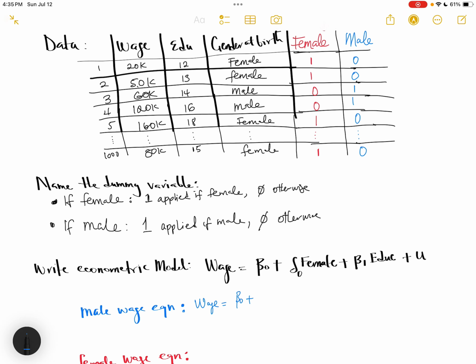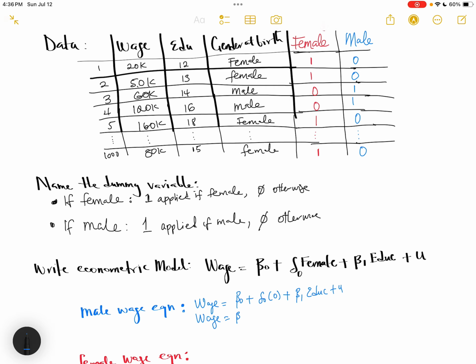Now, because you named your dummy variable female, it took a 1 when it was female but 0 otherwise. So plus delta 0 times 0 plus beta 1 education plus u.